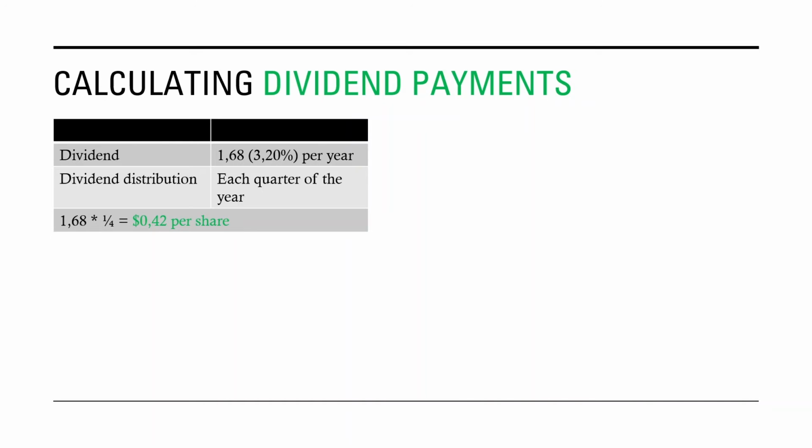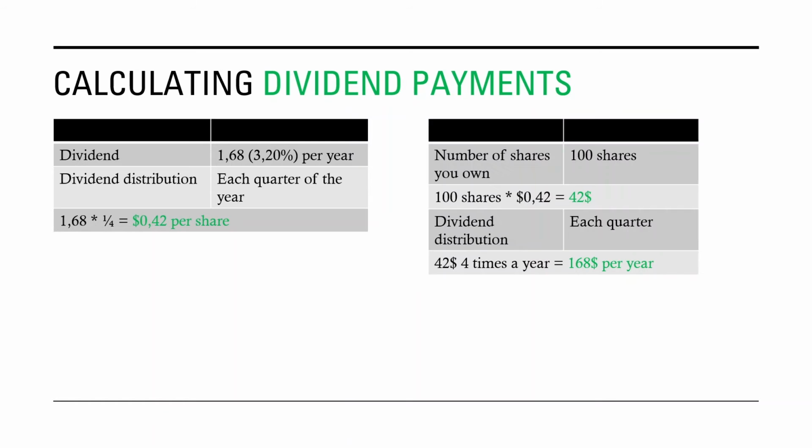So now, how do we calculate the dividend payments? First, we saw that Coca-Cola was giving out $1.6 per year per share. So the dividend is distributed each quarter, so every 3 months. That means that you get $0.42 per share every 3 months. If you own 100 shares, you're gonna have to multiply 100 shares by the number that you got, so 42 cents.